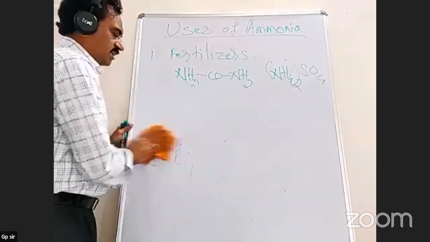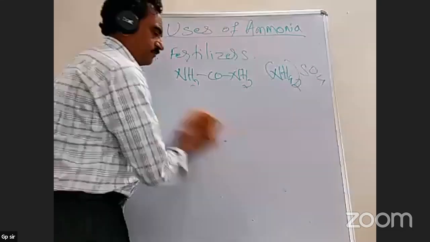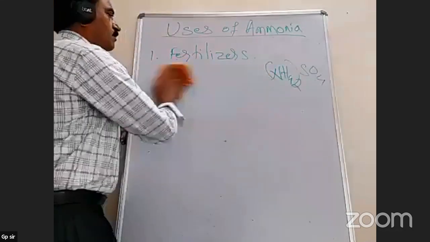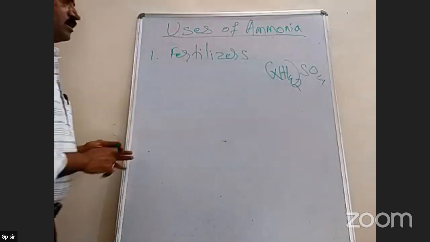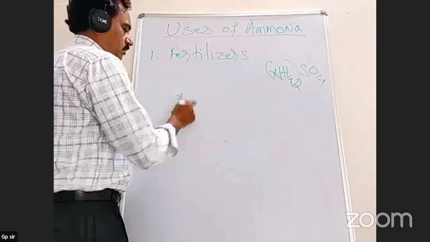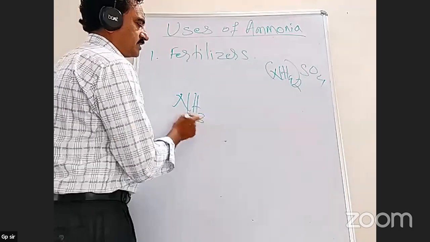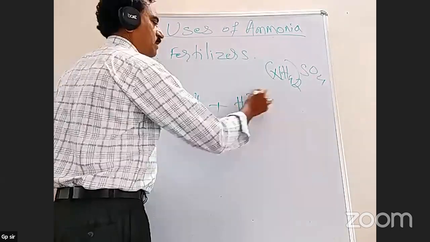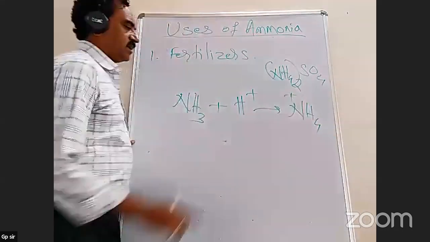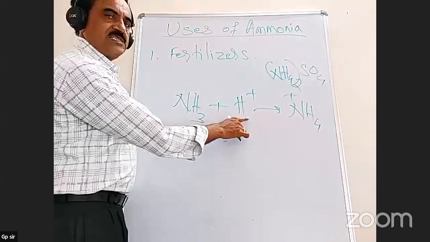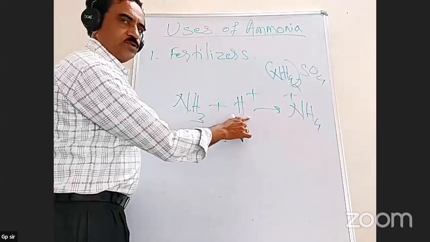And about the basic nature: why is ammonia a base? Ammonia acts as a base because it can accept a proton, H+. The proton donor would be an acid such as HCl, HNO3 or H2S.